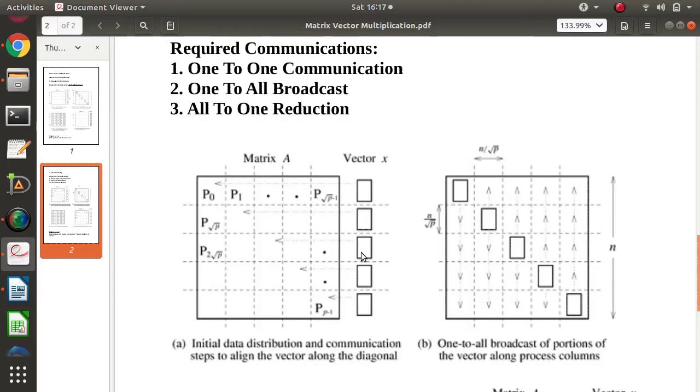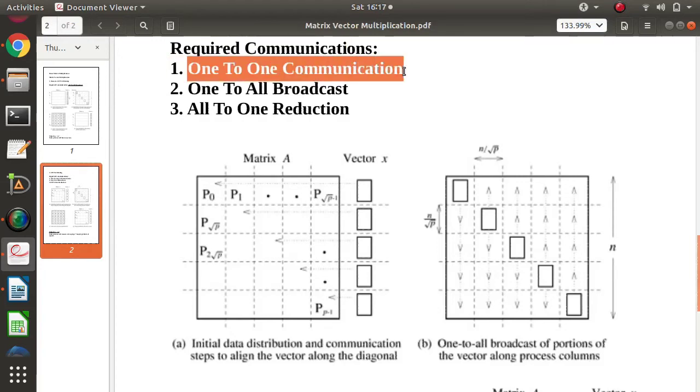This process is holding this value, so it will share it with this process. This process will keep it with itself only. So these vector elements are shared diagonally, and for that we require one to one communication. These processes are sharing with the processes which are holding the diagonal elements.